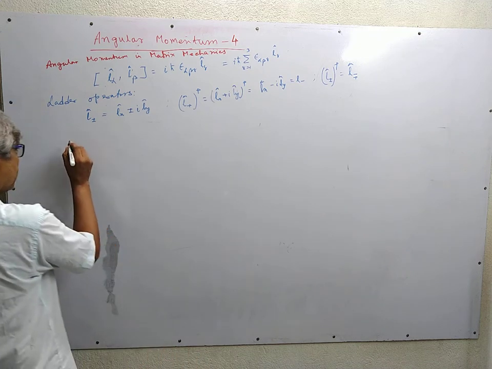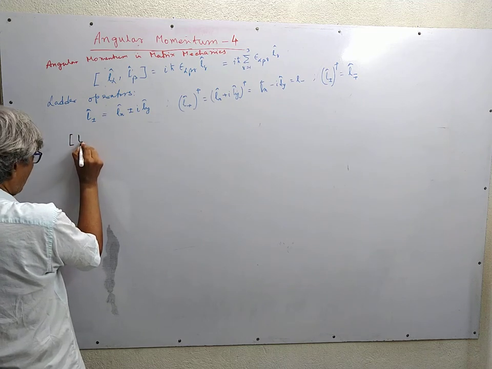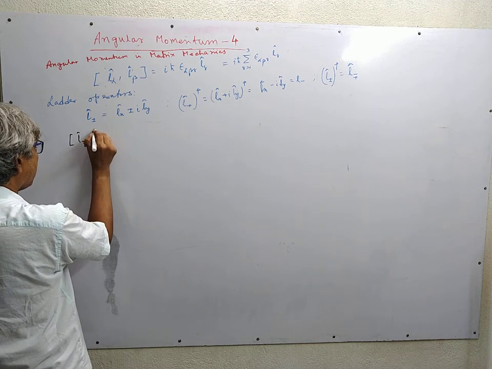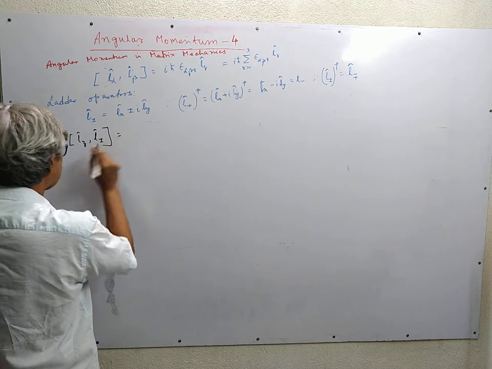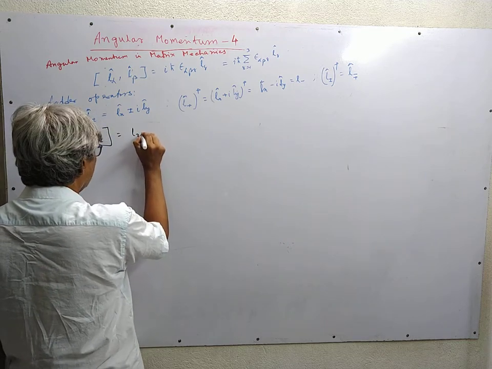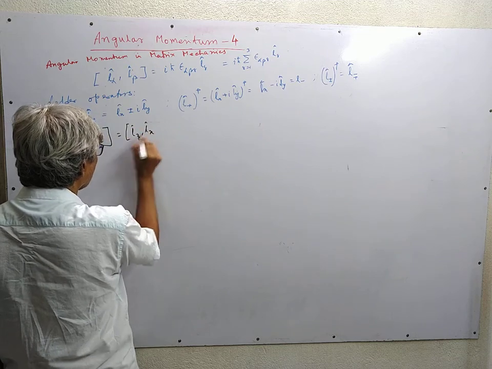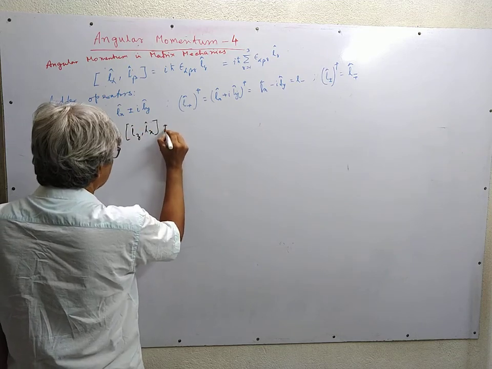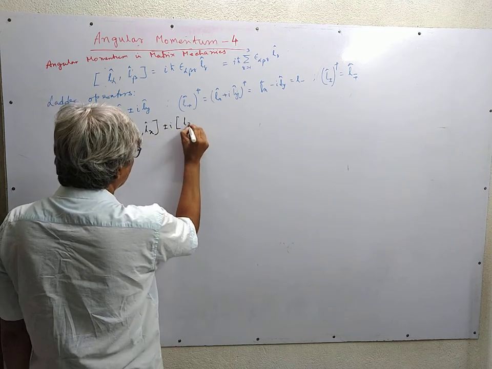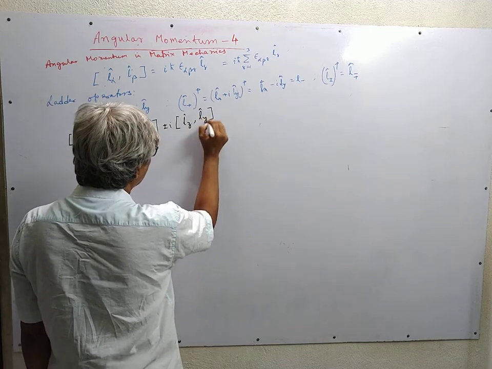Here our primary interest is to find out the commutator relation of Lz with L±. This is [Lz, Lx] ± i[Lz, Ly].